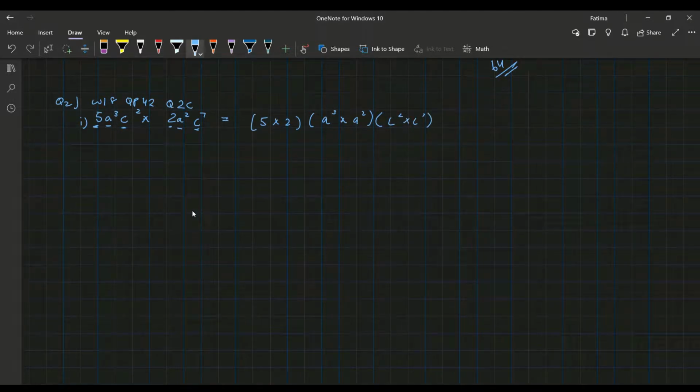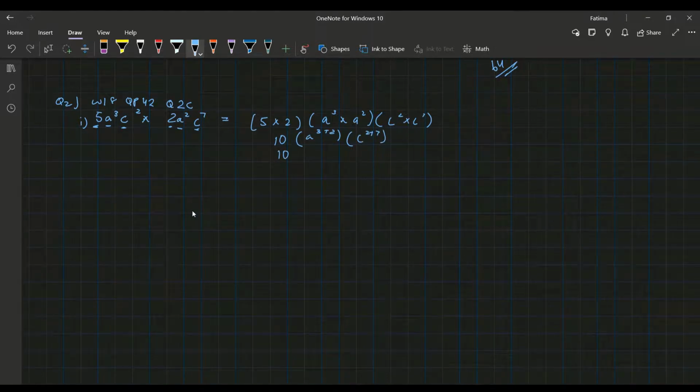I basically grouped up the like terms together, and also because these are brackets right next to each other, they indicate multiplication taking place. So 5 into 2 is 10, and because it's a cubed into a squared, that would be a to the power 3 plus 2, and then it's c squared into c to the power 7, so it'd be c to the power 2 plus 7.